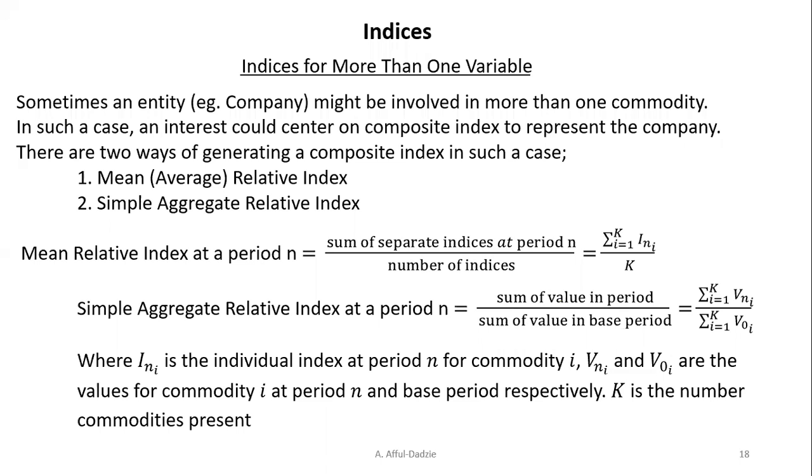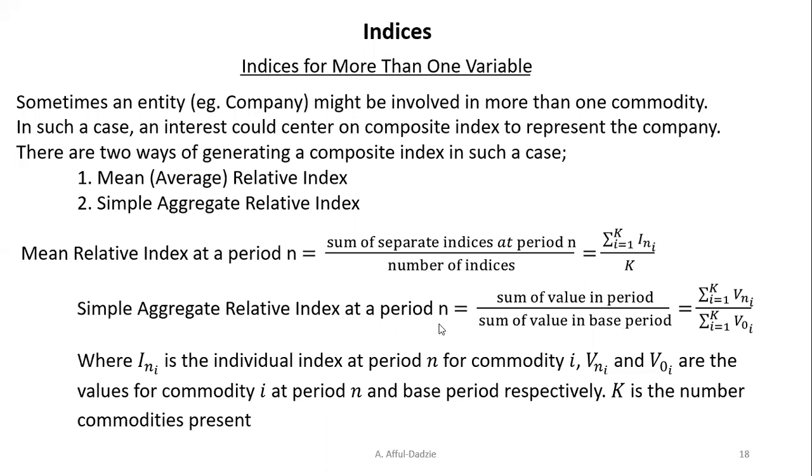So we are going to look at two approaches. We have the mean or the average relative index, and then we'll also look at the simple aggregate relative index. Okay, guys, could you please mute.